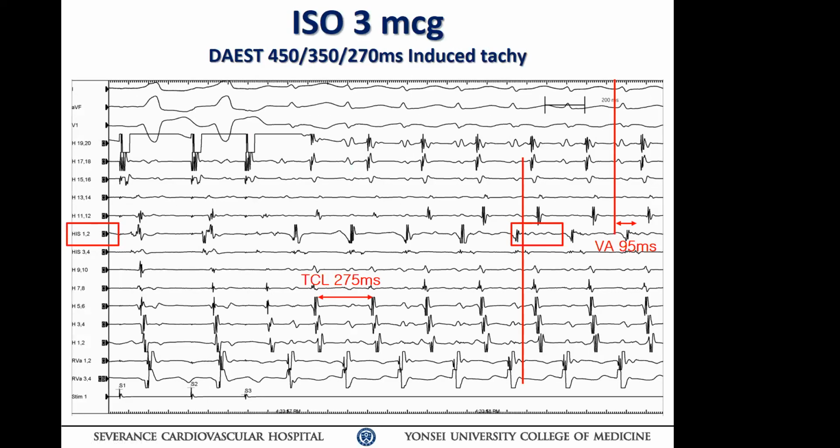So we start isoproterenol 3 micrograms because we cannot induce tachycardia. With atrial extra at 450, 350, and 270, we can induce a tachycardia with a VA interval of 95 milliseconds, tachycardia cycle length of 275 with earliest retrograde atrial at HIS12.